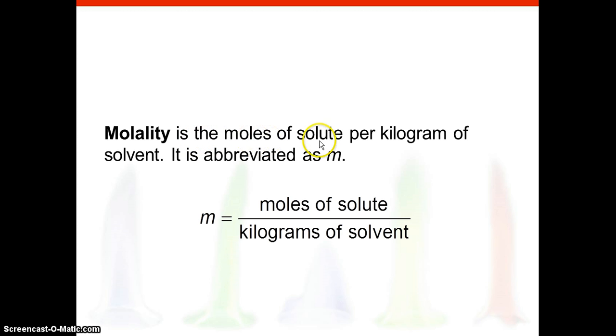It's moles of solute per kilogram of solvent. It's represented as small m, molality. Molarity is represented as a capital M, whereas molality is represented as a small m, moles of solute divided by kilograms of solvent.